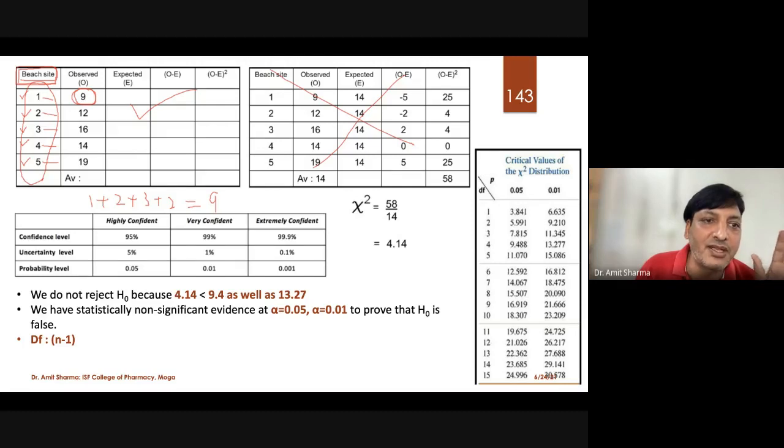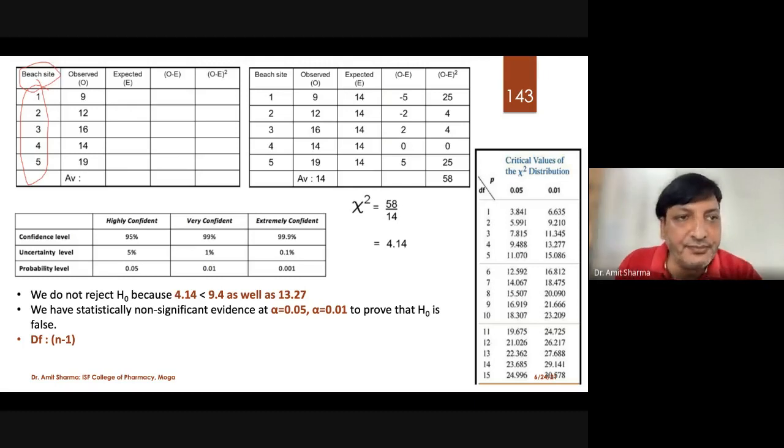These are just names. You have to look at this as a category. Just assume that these are A, B, C, D or E, nothing more than that. Don't take these as numbers, because these are the beach sites.